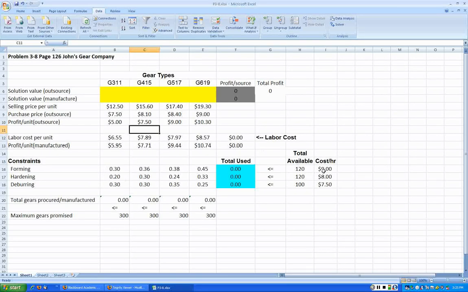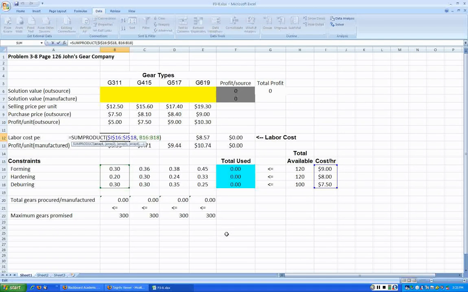The labor rate, just like the other problem that we saw, is given to us as $9 per hour for forming, 8 for hardening, and deburring is $7.50. So get the labor cost per unit the same way: the amount of hours consumed times its respective hourly rate, add them up, so that gives us the labor cost to produce that.